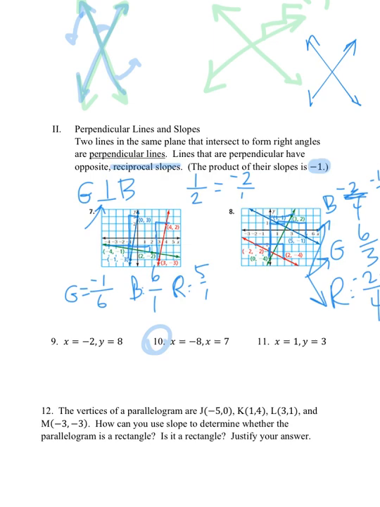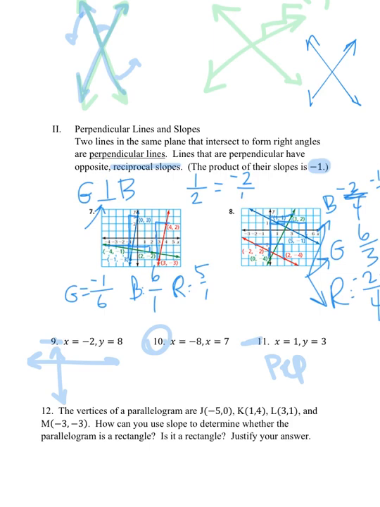But in numbers 9 and 11, you have x equals -2 and y equals 8. So x equals -2 is going to be over here, and then y equals 8 is going to be this way here. So those are definitely going to be perpendicular. X equals 1, y equals 3, definitely perpendicular again.